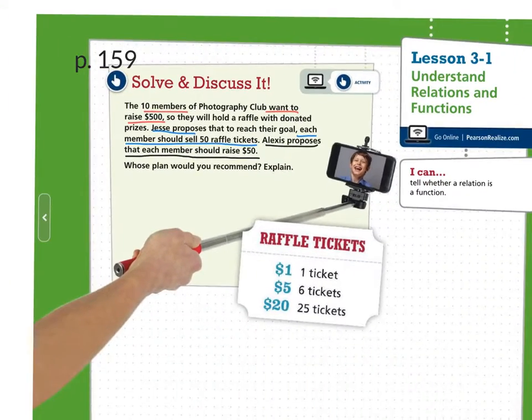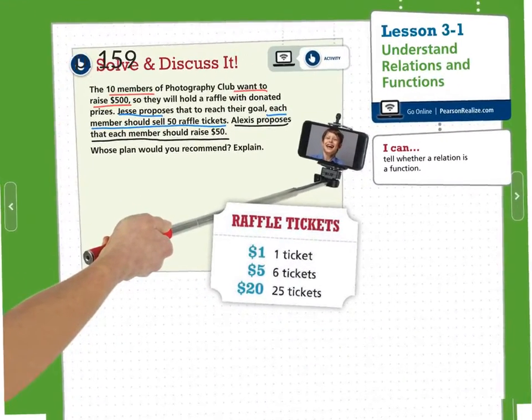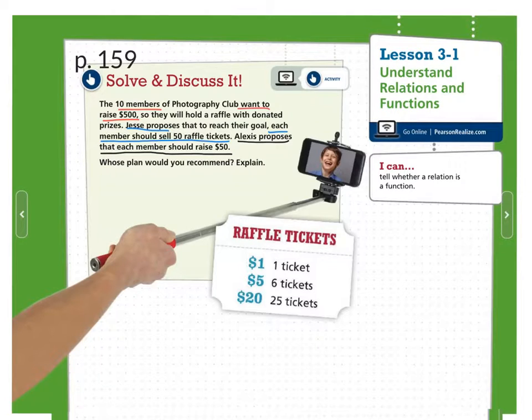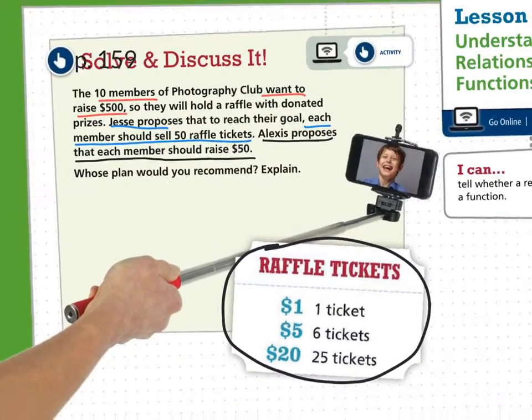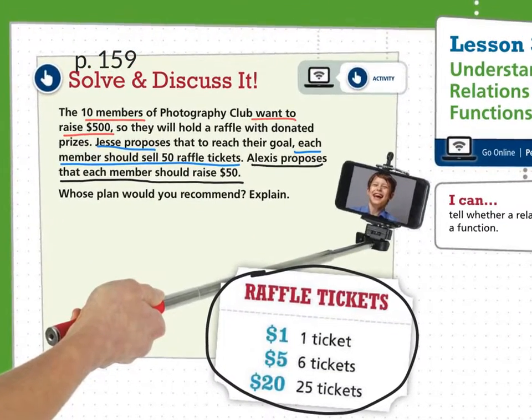So if we look at the information here, there's different options. One ticket is $1, or people could get 6 tickets for $5 or 25 tickets for $20. So the question is, would you recommend people selling 50 raffle tickets or raising $50 to make this happen?